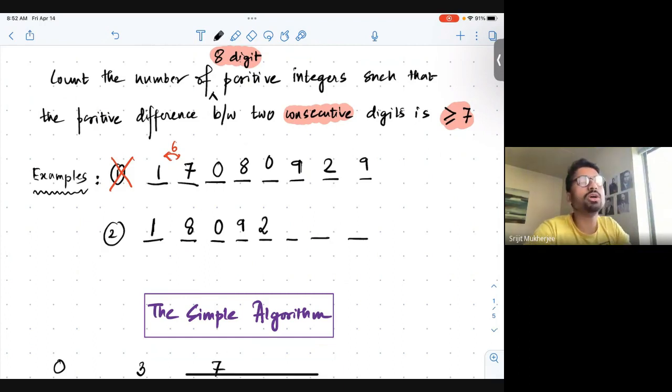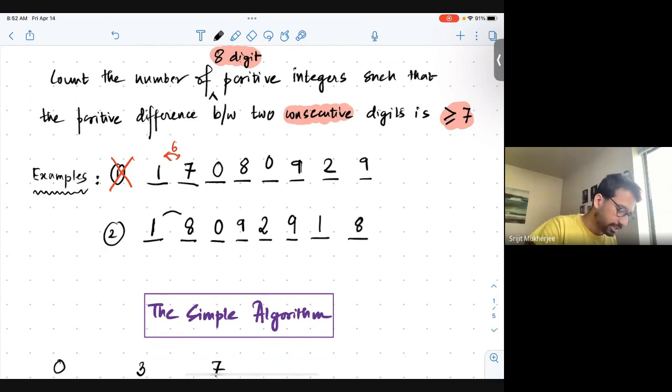If you put 2, now observe that you can have only one possibility, 9, right? Again 9. So let's put 1. And if you put 1, the next possibility is again 8 or 9. So let's put 8. So this is a valid number.